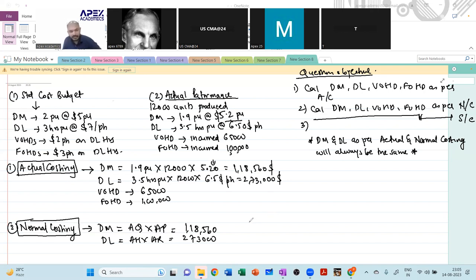The next aspect that actually comes out is variable overheads. Variable overheads are going to be your actual units, which is nothing but flexible budget, multiplied by a budgeted rate. Multiplied by what? A budgeted rate.